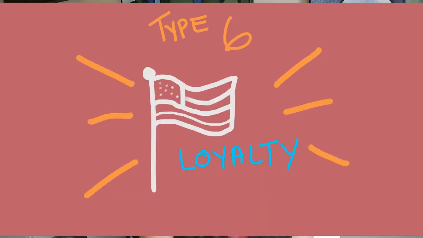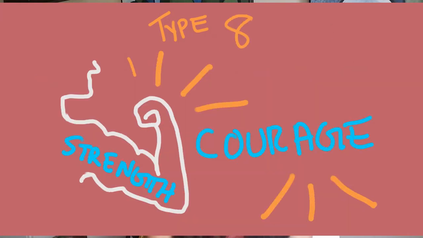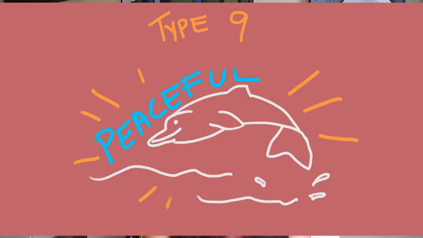The 6: loyalty, fidelity, humility, service. The 7: enthusiasm, zeal, joy, zest for life, spontaneity. The 8: courage, strength, integrity, assertiveness, forbearance, steadfastness. And the 9: peace, sincerity, contentment, unity.